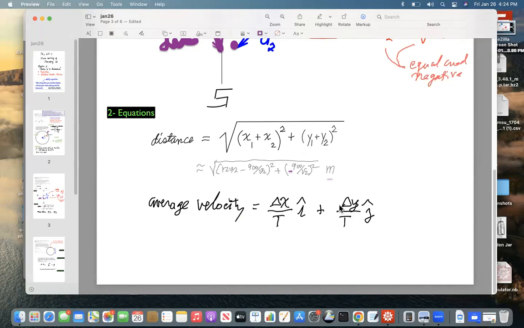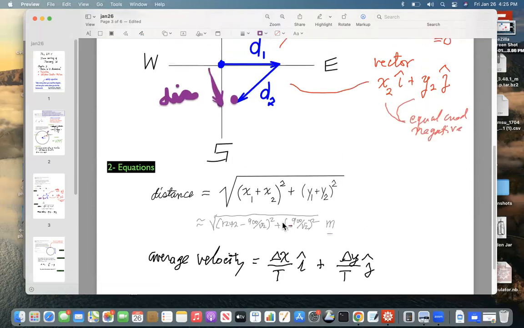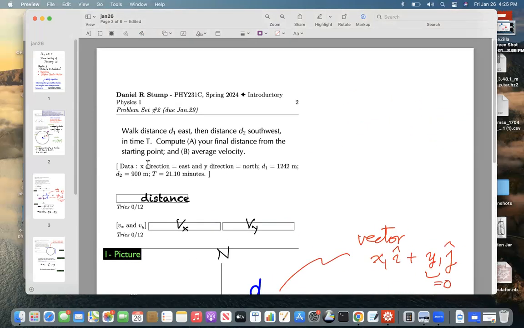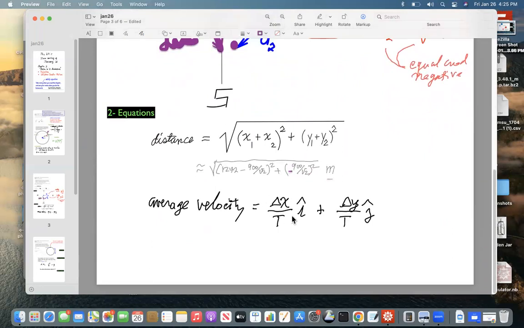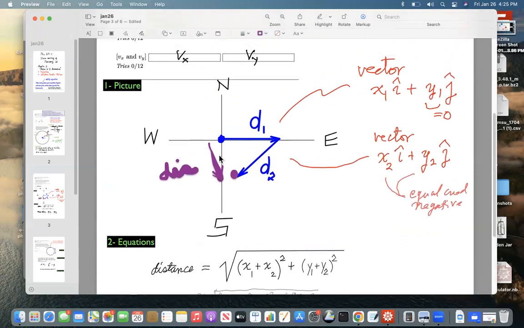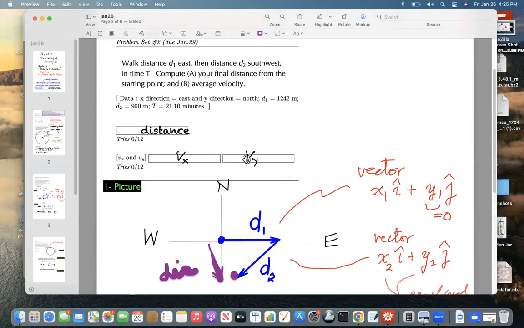The y displacement is delta y. This is delta x. This is delta y. The components are i and j, east and north. And divided by a time, well, that's the time that you were walking, 21 minutes. So that's given. So that'll be Vx, and that'll be Vy. And that's what you put in these two boxes.